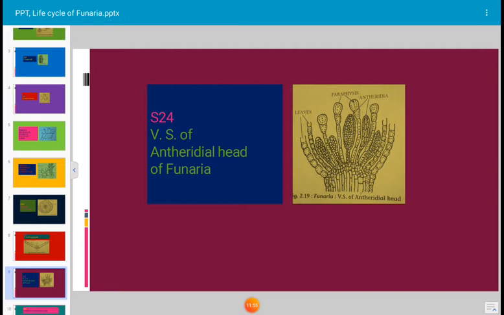Sexual reproduction means the reproduction which takes place in the presence of gametes. Let us see the sexual reproduction. Vegetative reproduction also takes place in Funaria. Vegetative reproduction is present in the juvenile stage, that is the protonema. Juvenile stage means young stage.